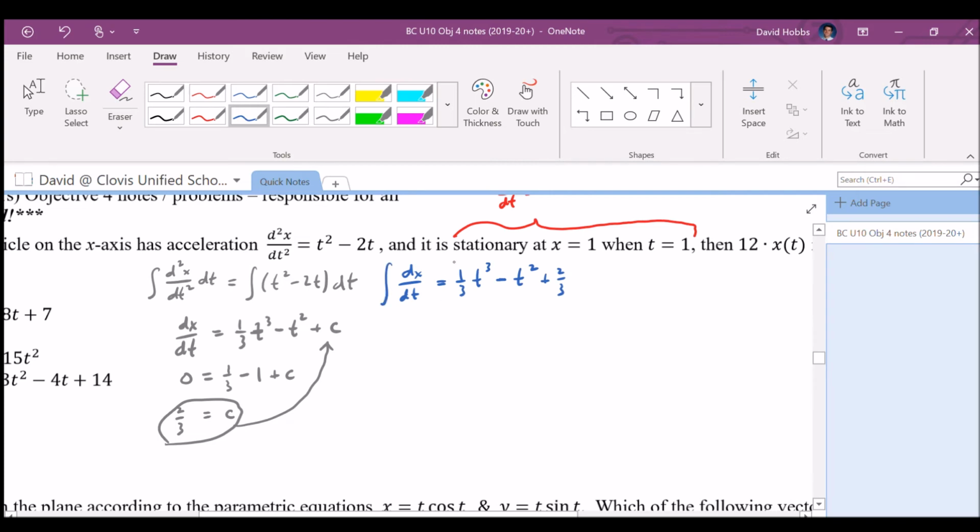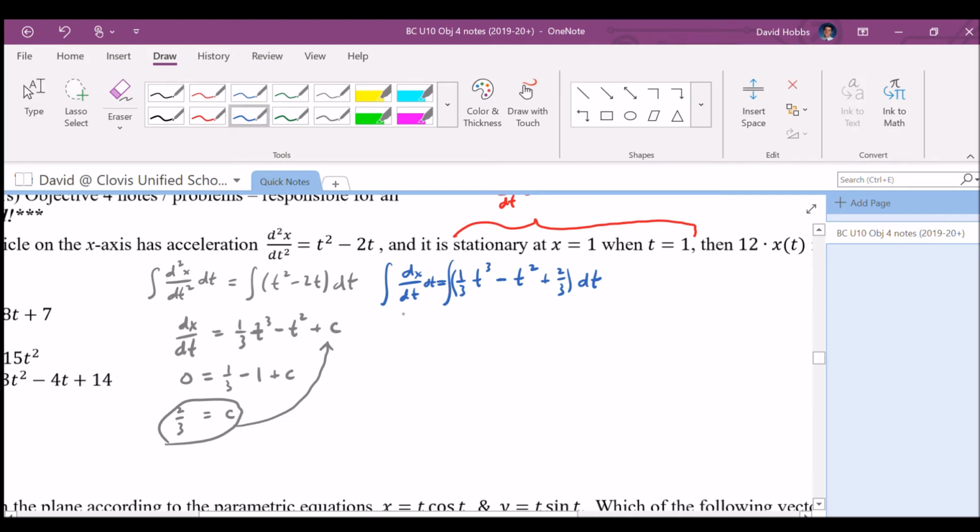And we are going to integrate that with respect to time. Now you could have done the separation of variables here and just have the dx and then move the dt over, or this is also acceptable where you have that dt right there.